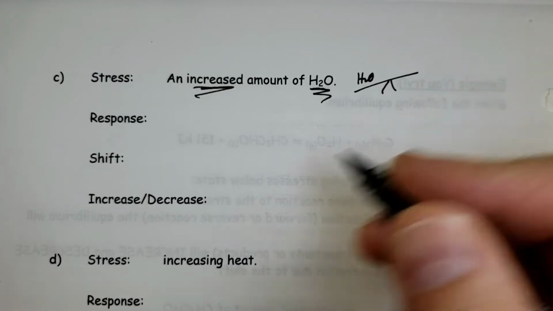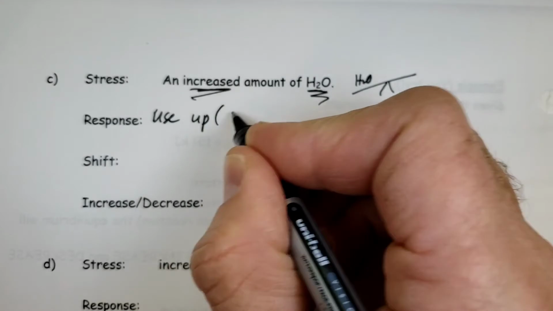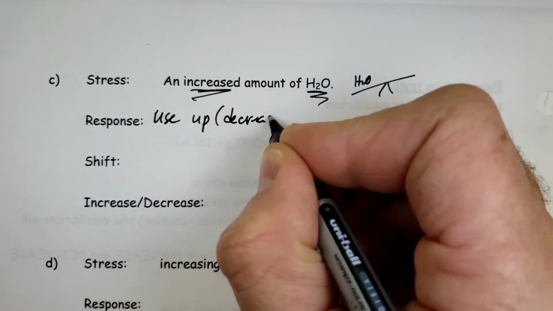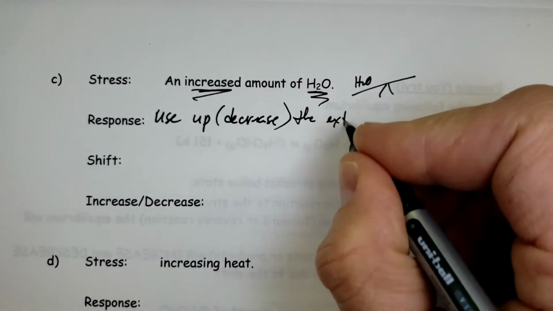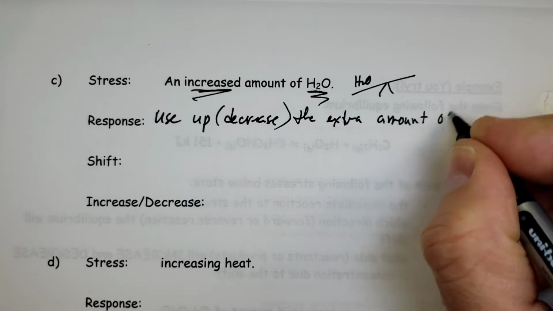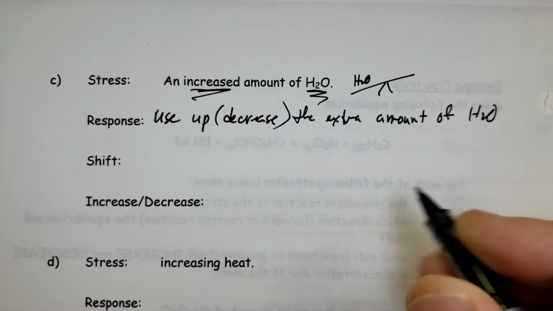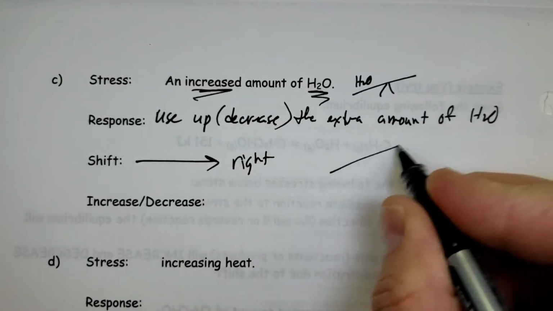We have a bunch of H2O. So I'm going to want to use up or decrease the extra amount of H2O. And I do that by shifting to the right.